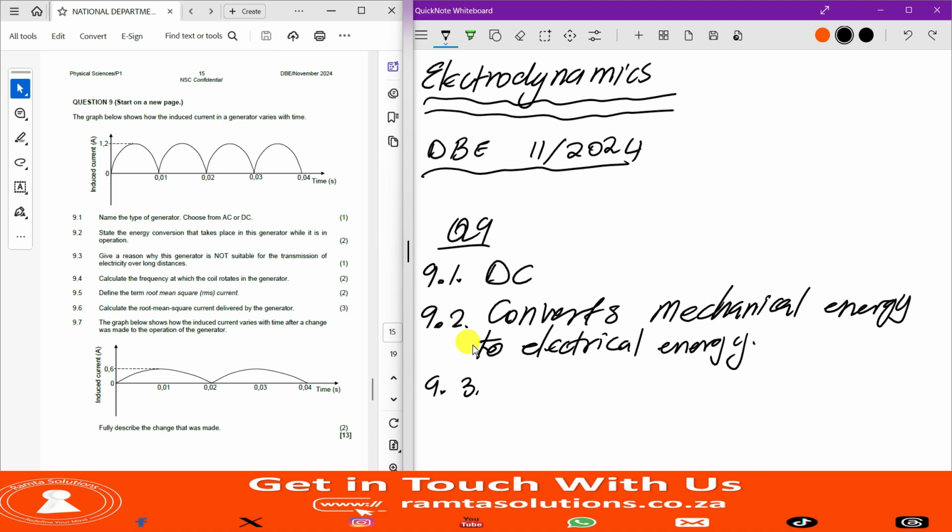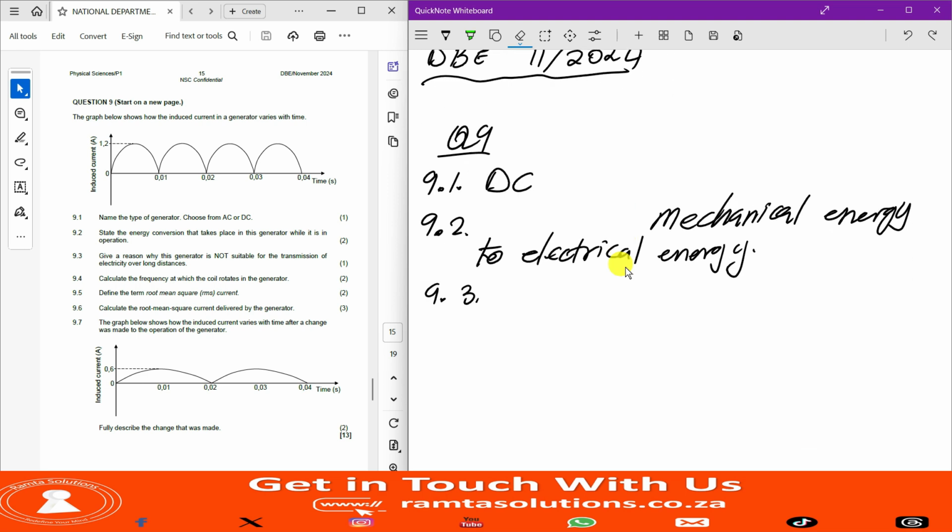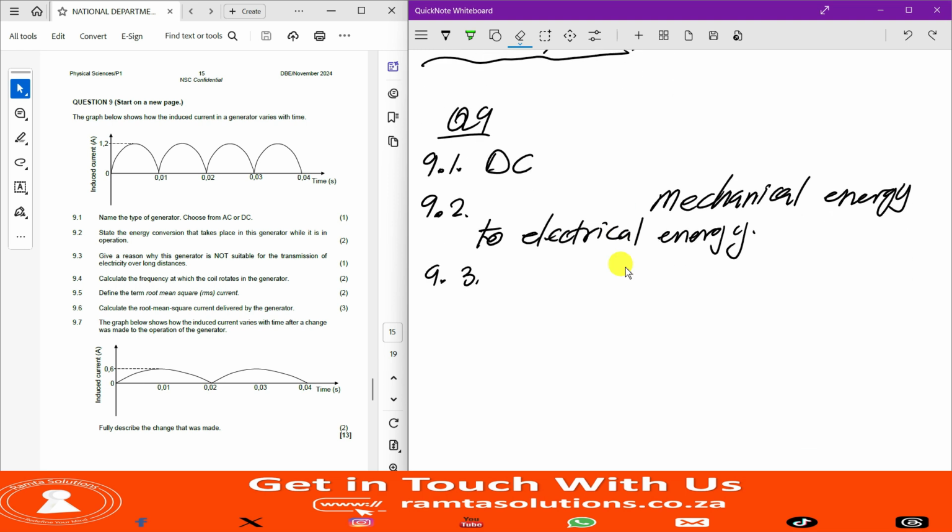So you don't have to say convert, you can simply say mechanical energy to electrical energy. That's okay.